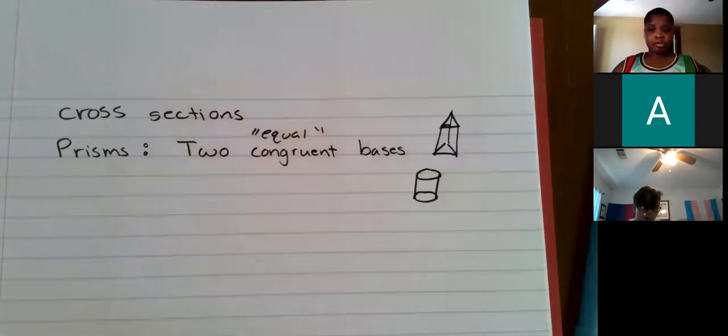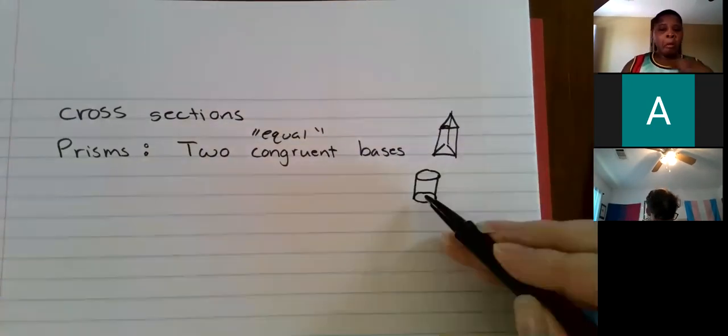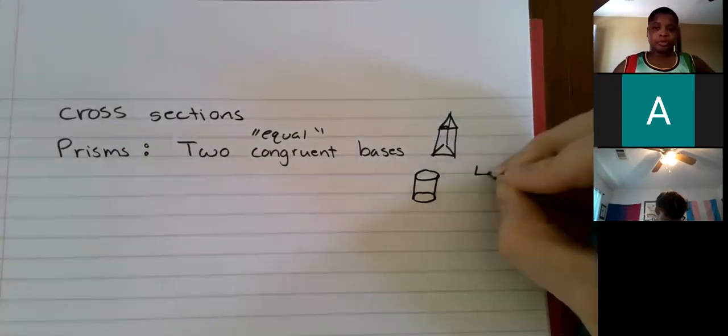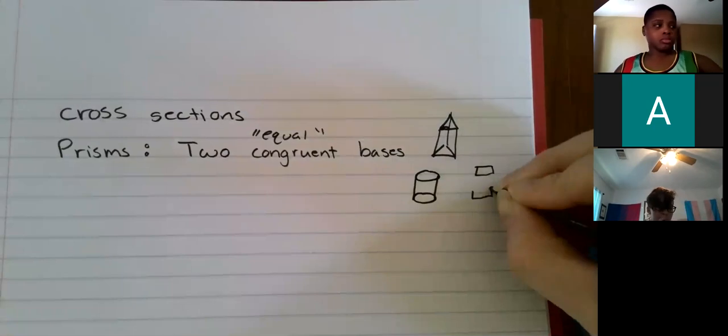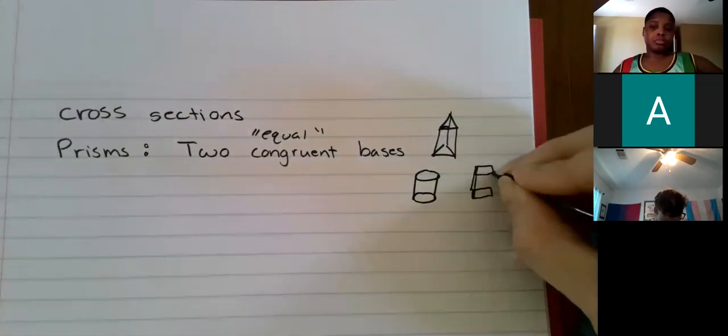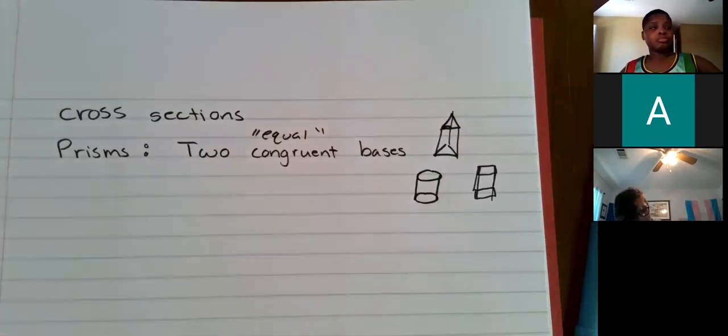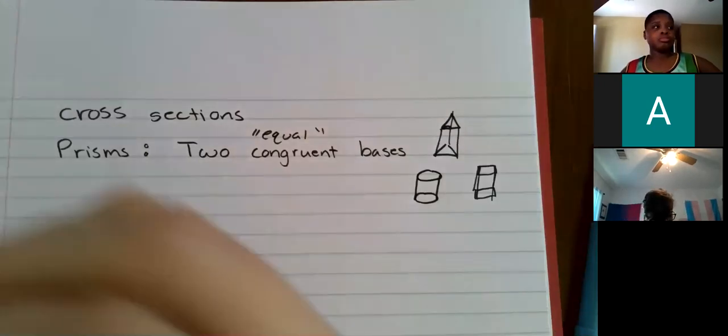Okay, it has two congruent bases connected by one rectangle that wraps around. A rectangular prism, you've got two congruent rectangles that are going to connect together. So you've got all sorts of different ones that you can draw as long as it's got two bases that are exactly the same.